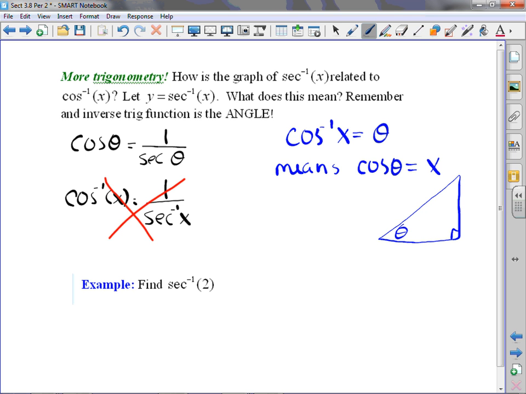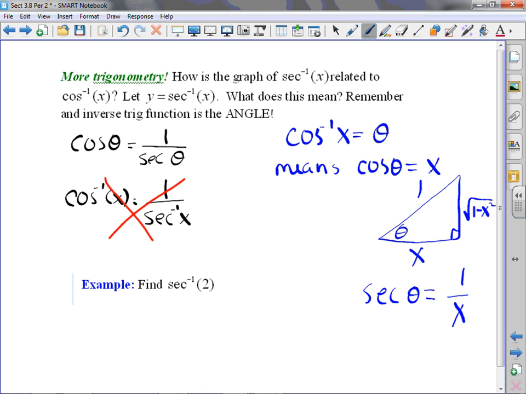If the cosine is x, then this is x here, and this is, oh no, it's adjacent over hypotenuse, right? What's this side? 1 minus x squared by Pythagorean theorem. I don't really care, but now looking at this picture, if the cosine of the angle is x, and that's x over 1, then what's the secant of my angle? Look at this picture. It's 1 over x.